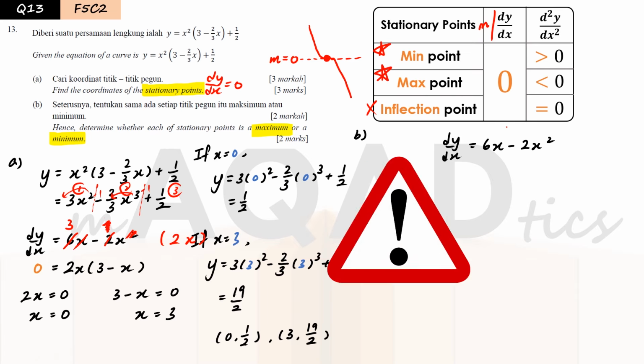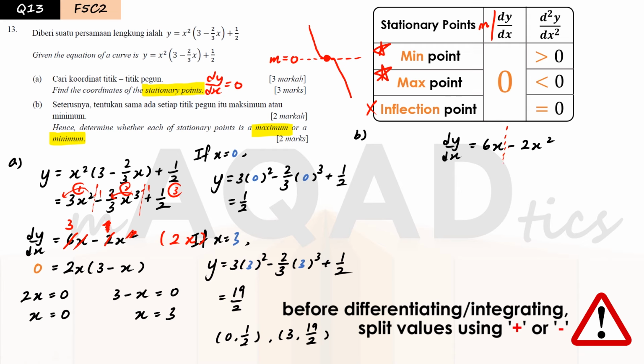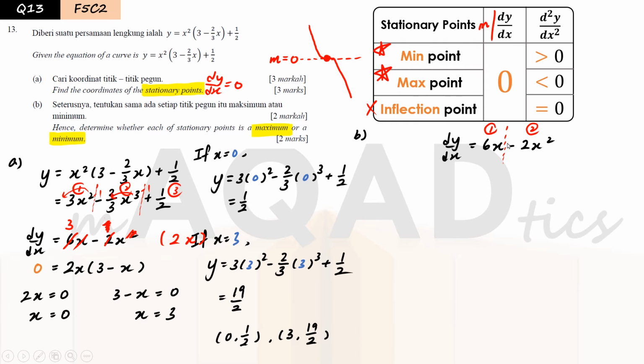Alright, so I'm going to separate them through the minus here. So means that we need to differentiate two things. Alright, so the same thing, the x value's power here is 1. So 1 I move to the front, so 1 times 6 is still 6, and then I'm going to minus 1. So means that 1 minus 1 equals to 0, so x to the power of 0, which means this x will disappear.